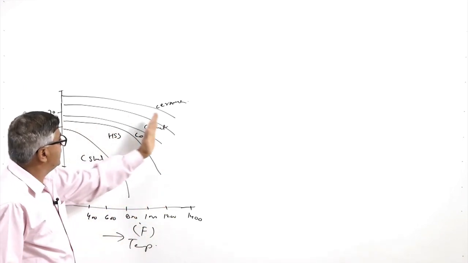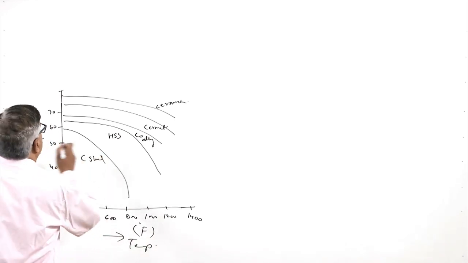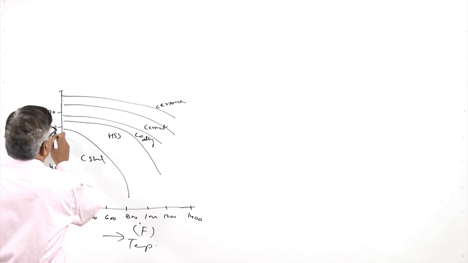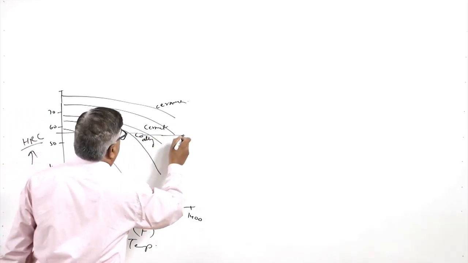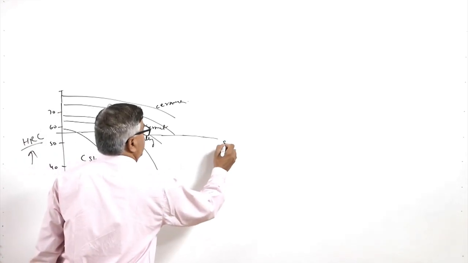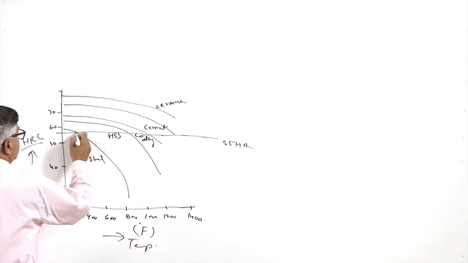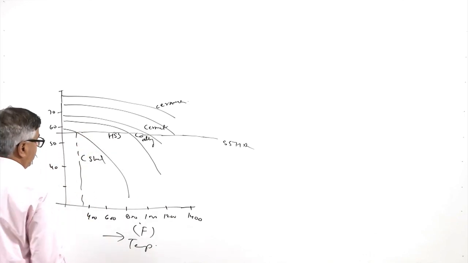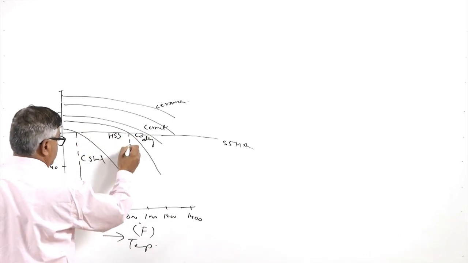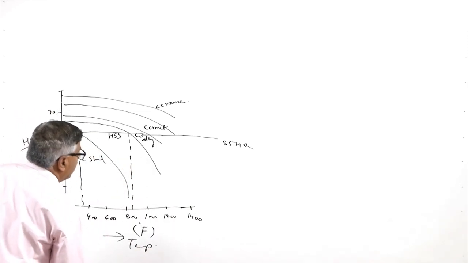So, these can retain their hardness at a fairly high value. If we assume that the minimum required hardness of the tool material for working with a particular workpiece is say 55 HRC, then carbon steel cannot work beyond this temperature. High speed steel cannot work beyond this temperature of 850 Fahrenheit.